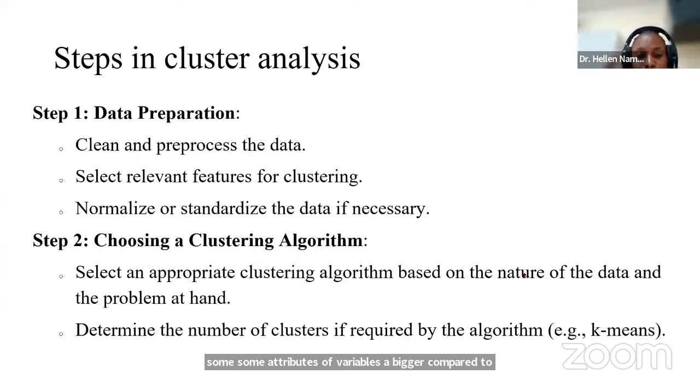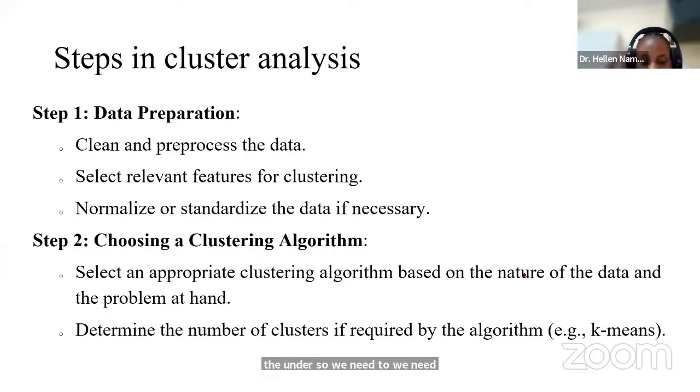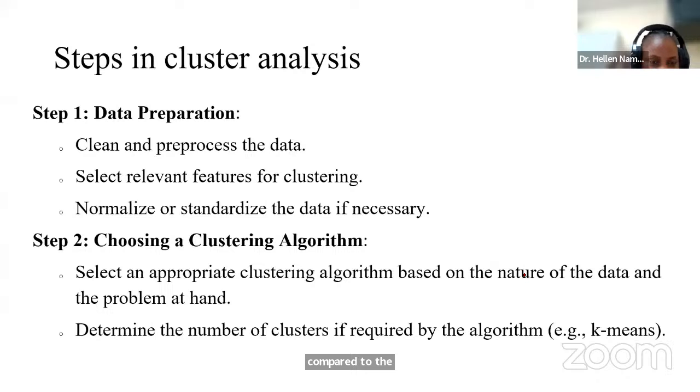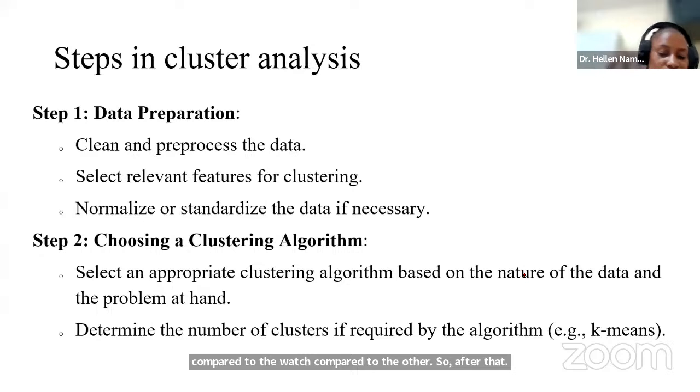So we need to normalize or standardize such that we play from the same level, and then we'll be able to explain our results without having a situation whereby one variable contributes more compared to the other. So for step number one, you've cleaned your data, you've decided, okay, I'm going to use this specific attribute for clustering, and where necessary, you've normalized.